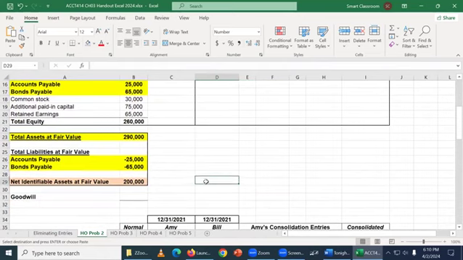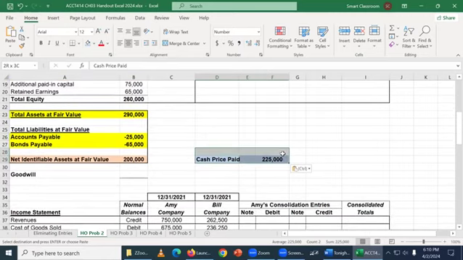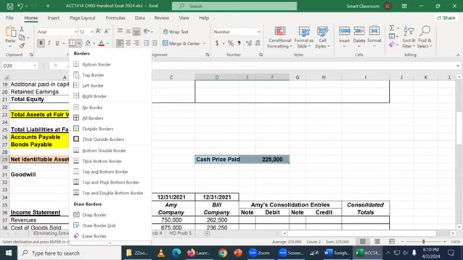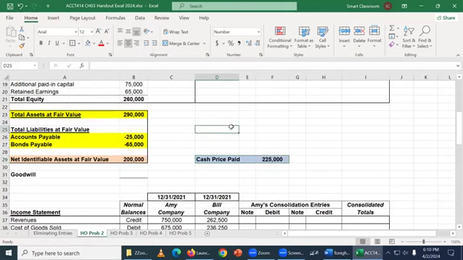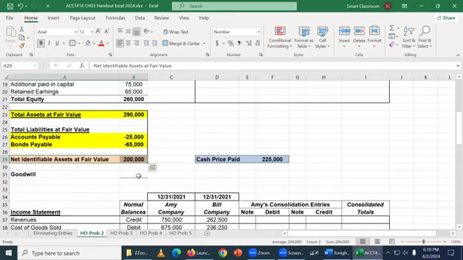Okay, so I'll put it down here. How much goodwill do we have? We can identify these assets. Is it 25,000? Yep. So we're going to have the cash price paid.